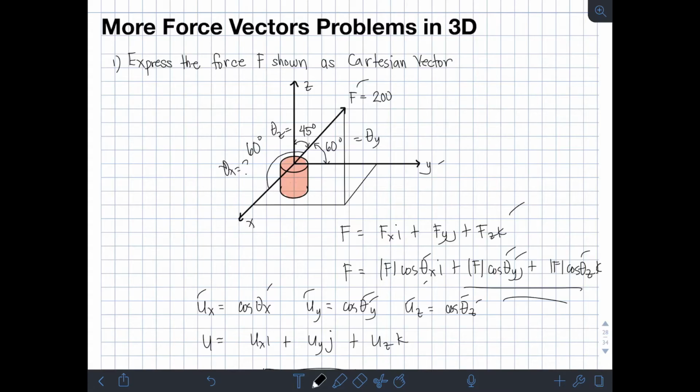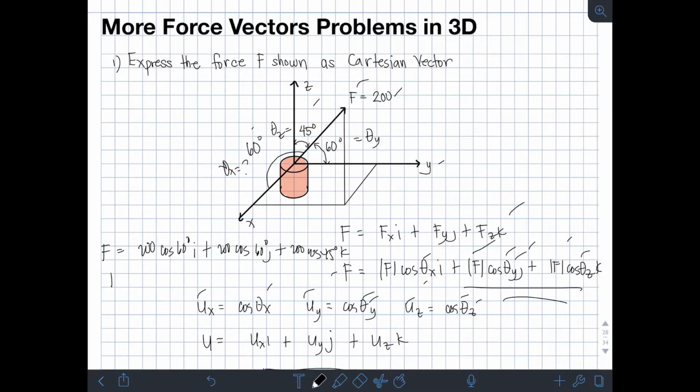So, since kumpleto na tayo sa lahat ng theta, as well as meron na rin tayong magnitude na given ng force F, which is 200, pwede na nating i-plug in dito sa formula. So, therefore, the force vector F is equal to magnitude of F, 200, times cosine theta x, cosine 60 degree, times i, plus magnitude 200 times cosine theta y, 60 degree, times j, plus magnitude 200 cosine theta z, which is 45 degree, k.